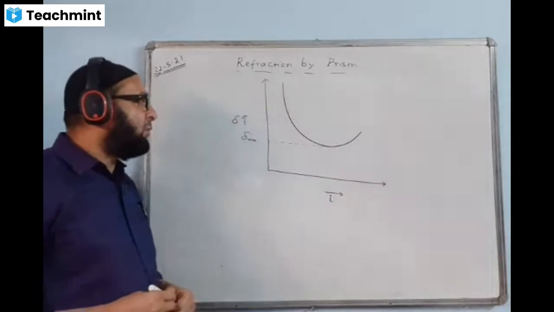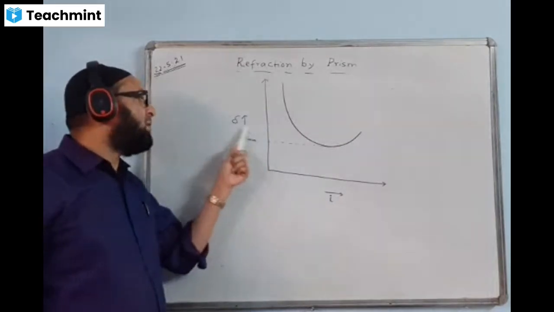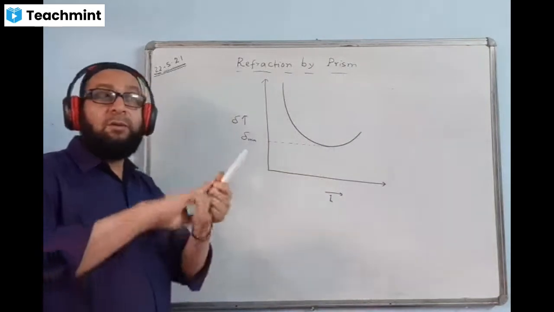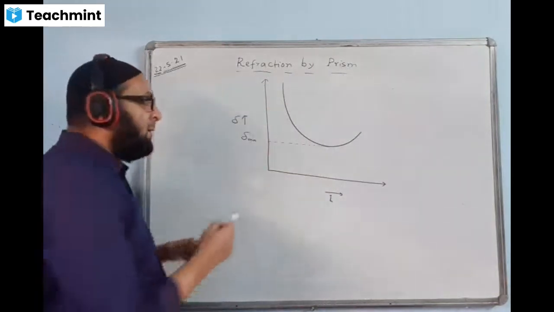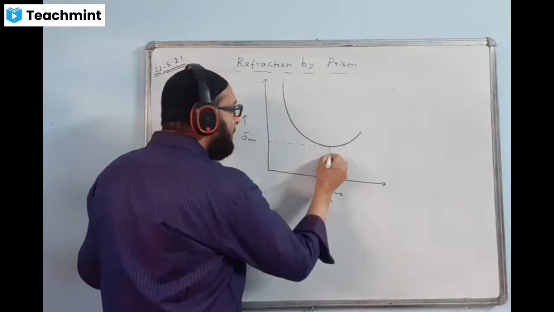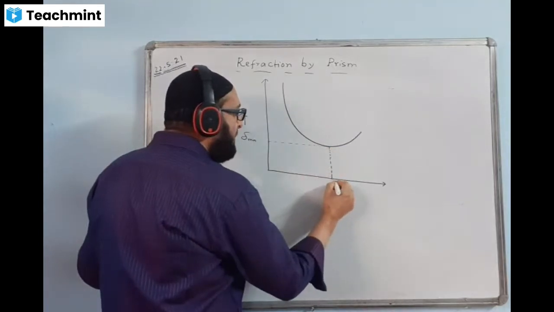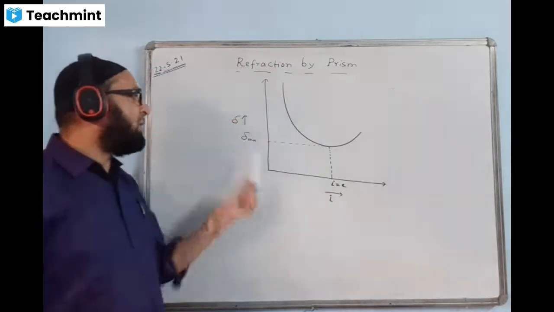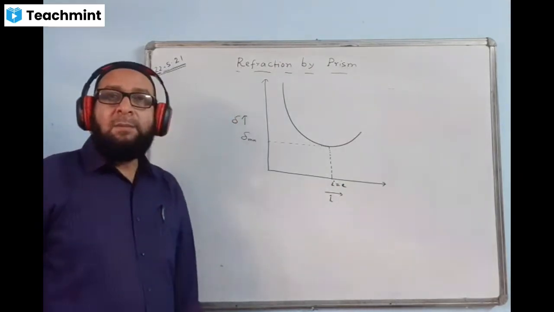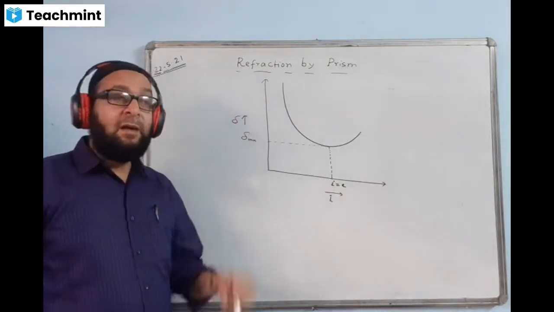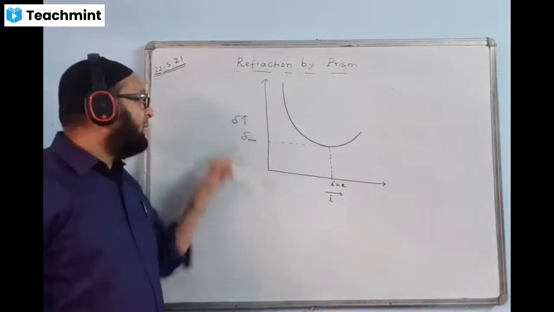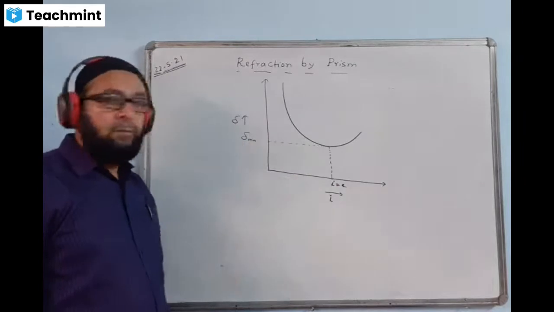Experimentally, it is found that the angle of deviation becomes minimum when I is equal to E. That means only when the angle of incidence and the angle of emergence are equal is the angle of deviation minimum.